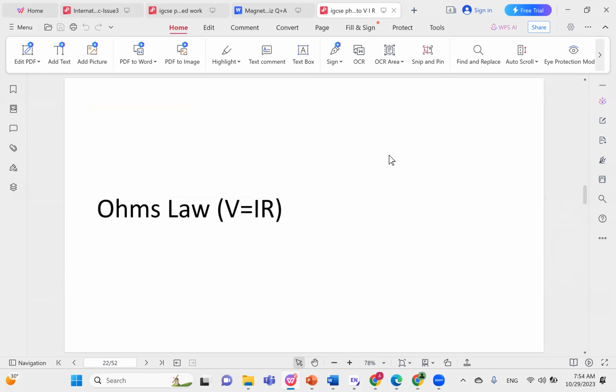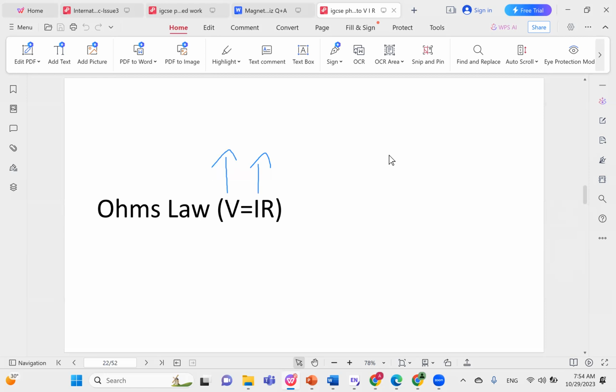Moving on, we will discuss Ohm's law. Ohm's law says that across any resistor, if a certain current flows, then a potential difference is established across the resistor proportional to the current. What does that mean? It means that the higher the current is, the higher the potential difference is.